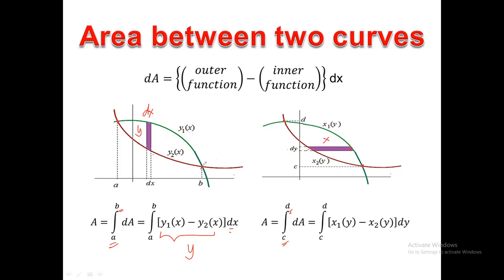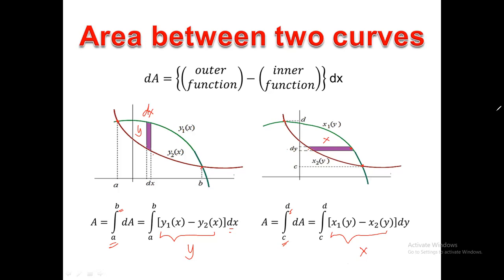So it doesn't matter in which equation you will substitute the computed x or y value that you got when you equate the two in order for you to determine the coordinates of the points of intersection. And this one is for x. Question?